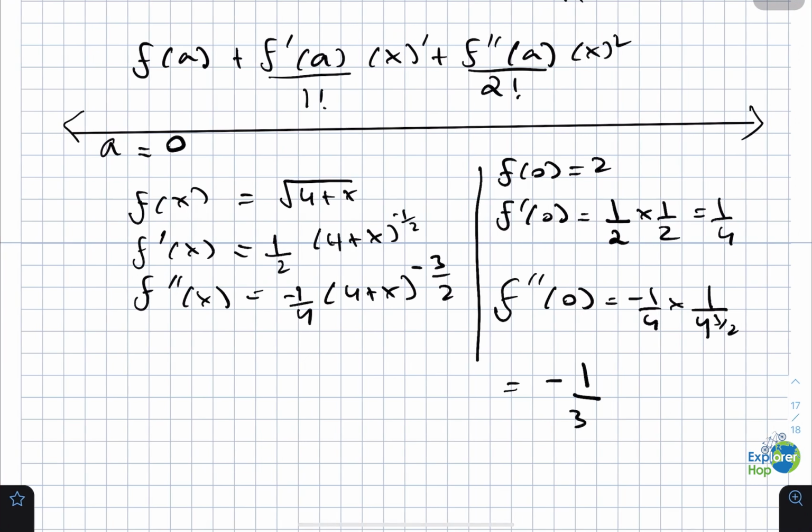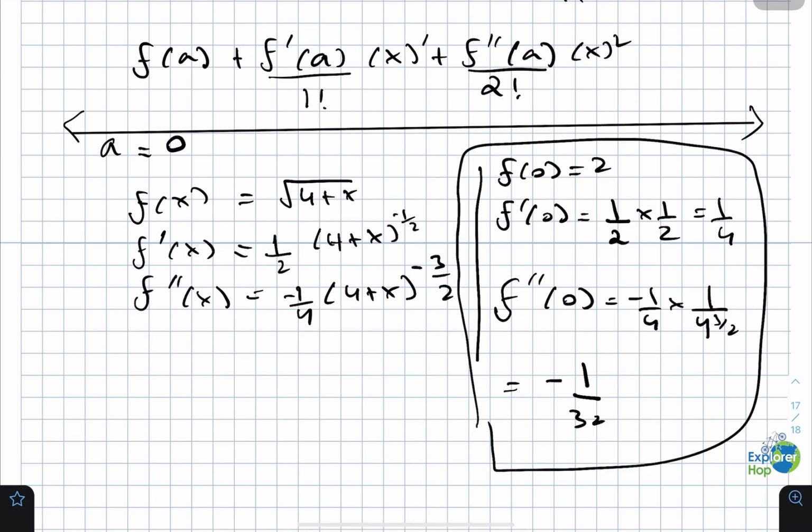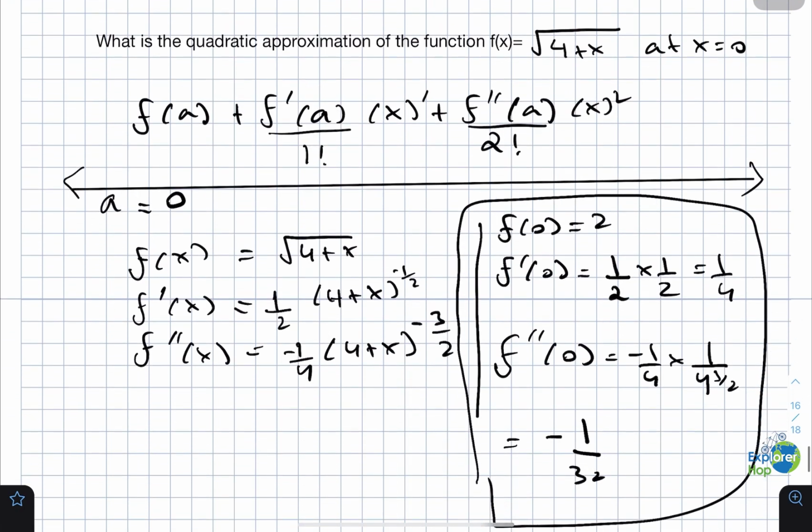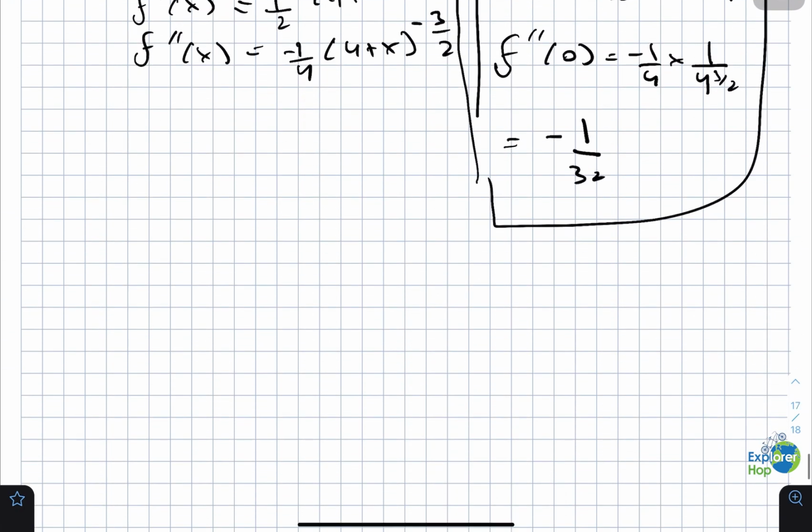over 32. So now that we have all of these, we know that we're trying to approximate square root of 4 plus x. So therefore, let me write this in a different color.